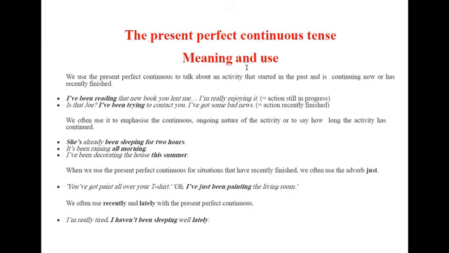The meaning and use of this tense we discussed before in the second lecture. In the present perfect continuous tense, we have the perfect, have or has, and after have or has we should have the past participle. But in this tense we have continuous, meaning the verb should have ing.